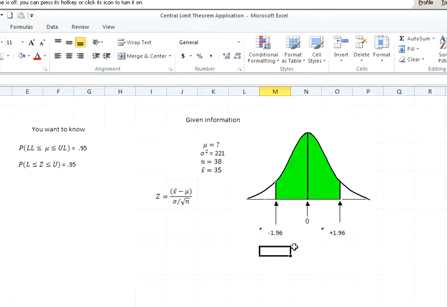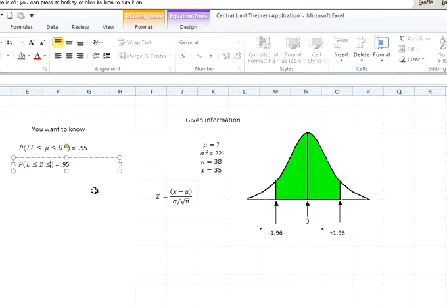We know that 95% of the z value is between 1.96 and negative 1.96. So here I can write down, okay, this is positive 1.96, and that is negative 1.96. Okay, does it make sense?